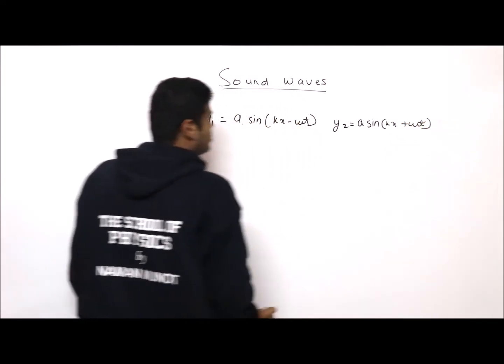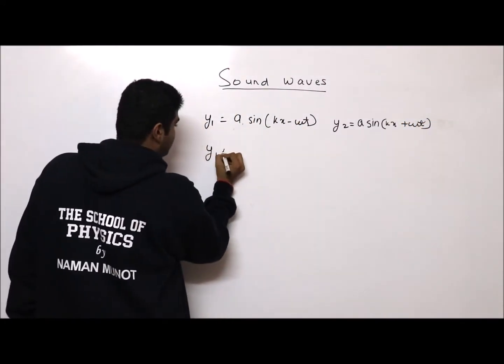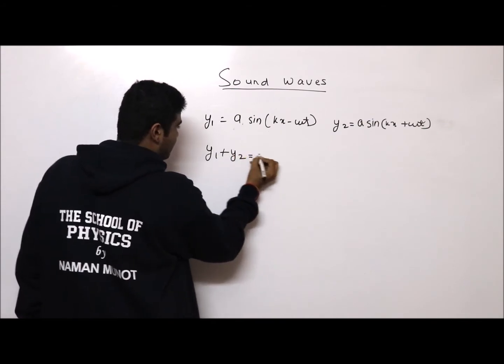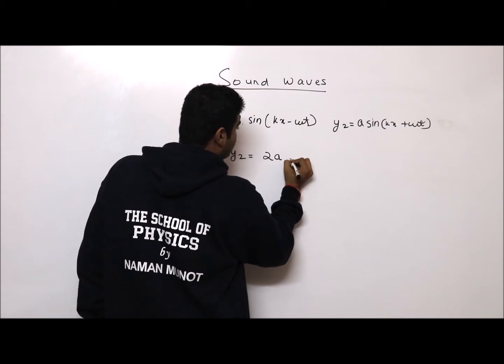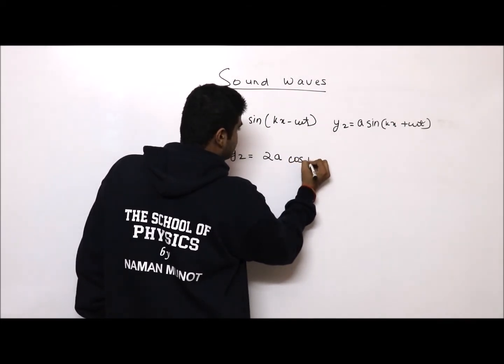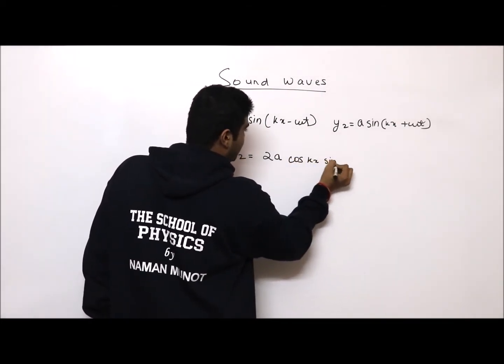When both of these superimpose, y1 plus y2, the equation comes out to be a standing wave equation, which equals 2a cos kx sine omega t.